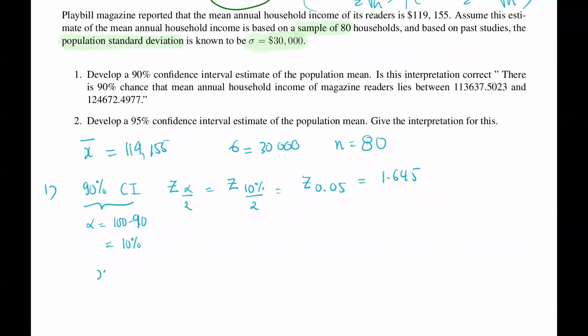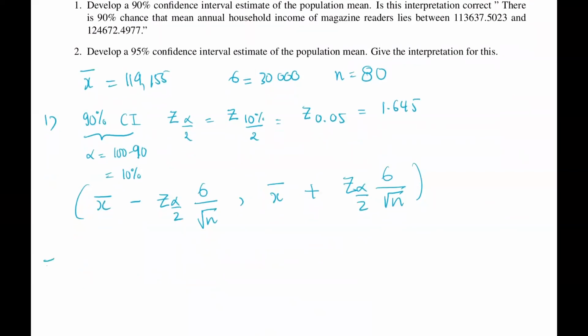Now we just need to plug in the formula. Our 90% confidence interval will be sample mean minus the z value multiplied with standard deviation divided by square root of n. And on the other side, I will add it. What you have to do next is just put the numbers in. X bar is this number. The z value we calculated is 1.645.